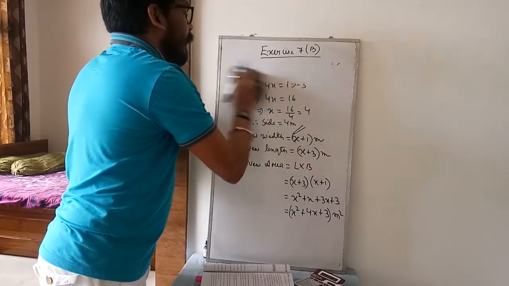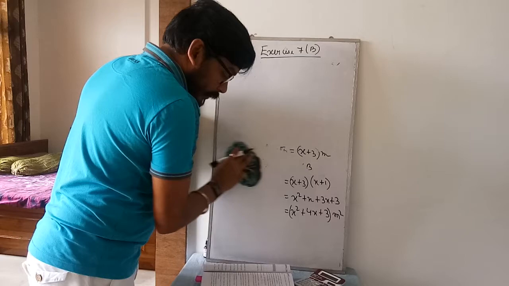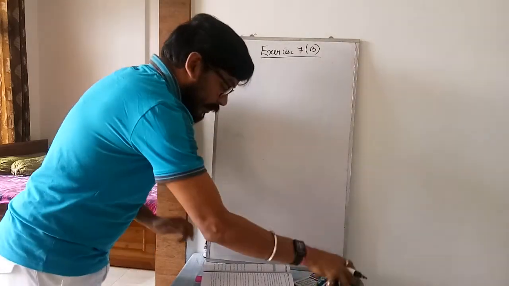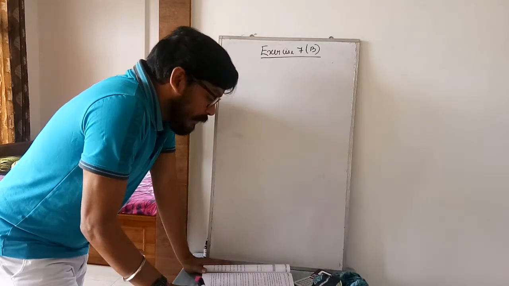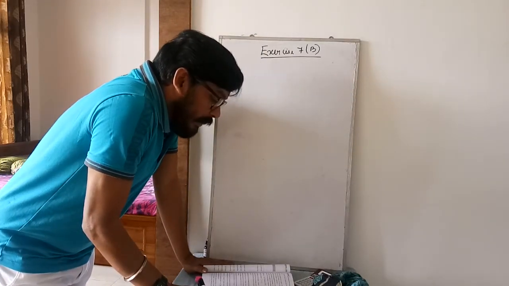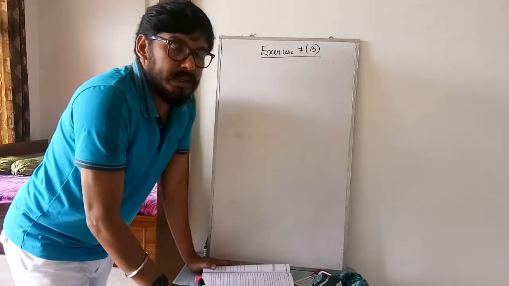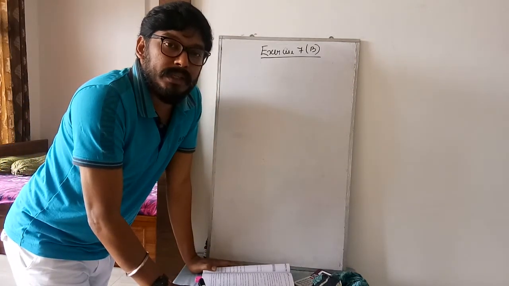Now we will do question number 16. In 16 also a diagram is given. They have said the sides of a right triangle other than hypotenuse are in the ratio 3:4. In a right triangle there will be perpendicular, base and hypotenuse.